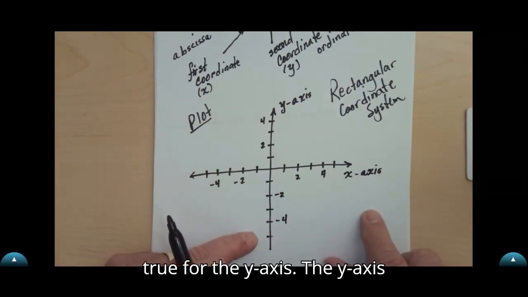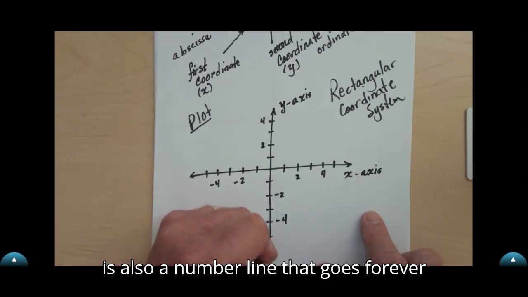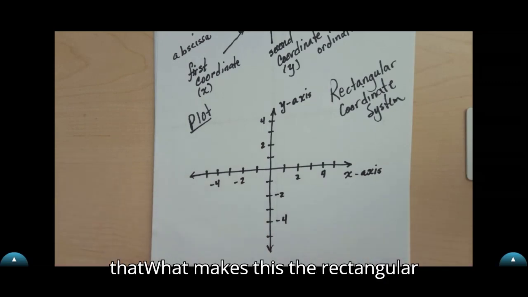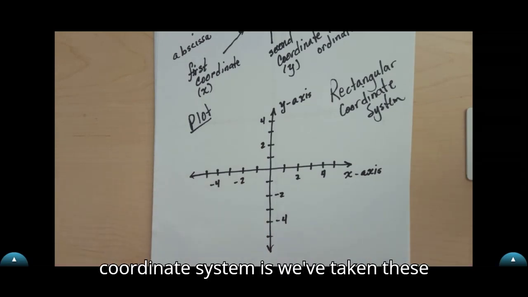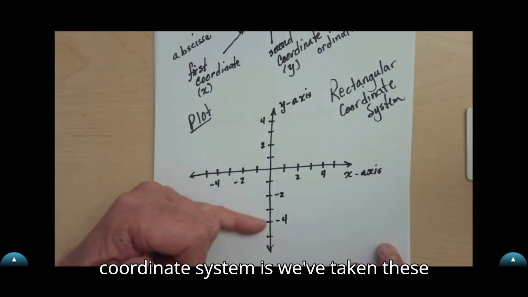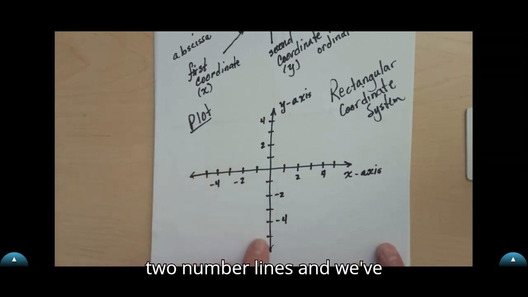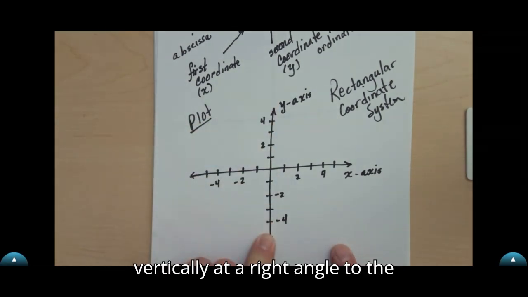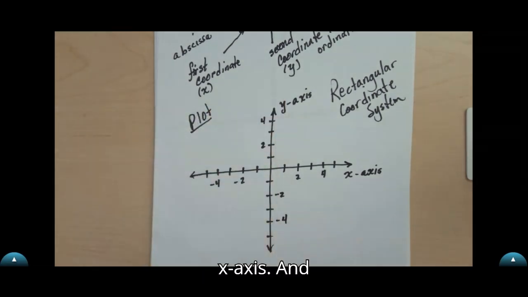And the same is true for the y-axis. The y-axis is also a number line that goes forever in both directions. What makes this the rectangular coordinate system is that we've taken these two number lines and flipped the y number line up vertically at a right angle to the x-axis.